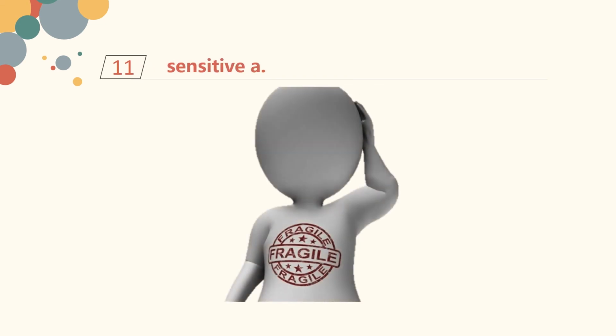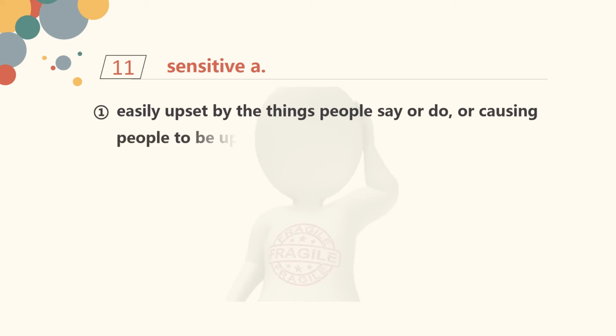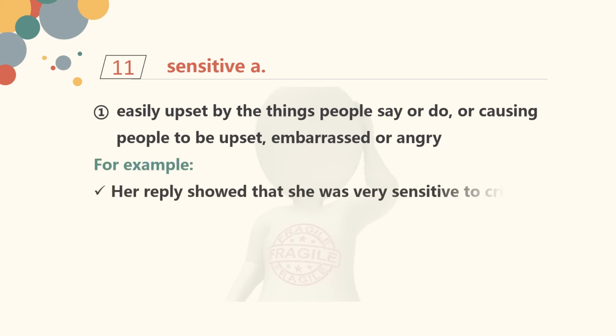Number 11. Sensitive. Easily upset by the things people say or do, or causing people to be upset, embarrassed, or angry. For example, her reply showed that she was very sensitive to criticism.